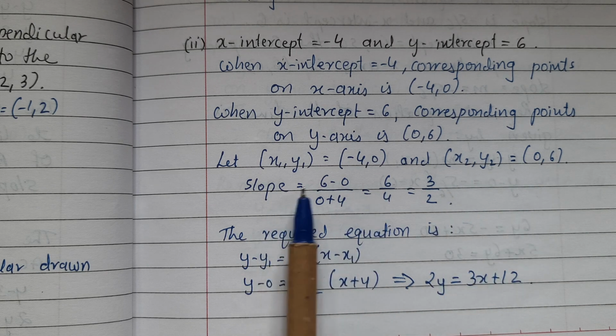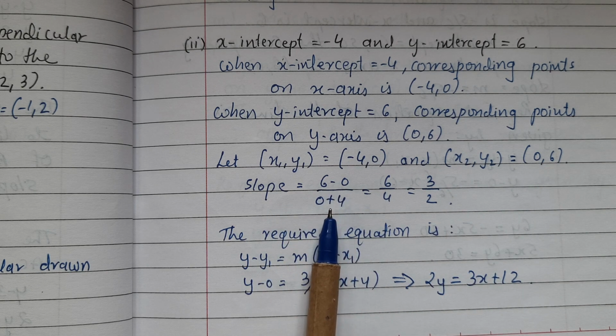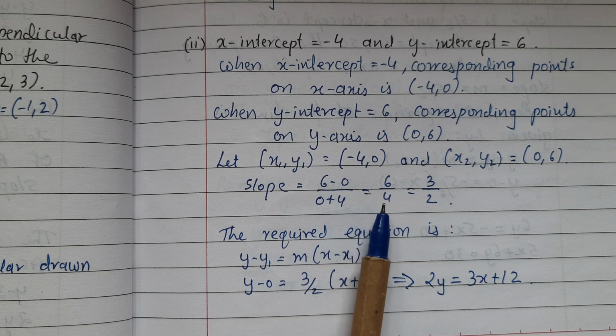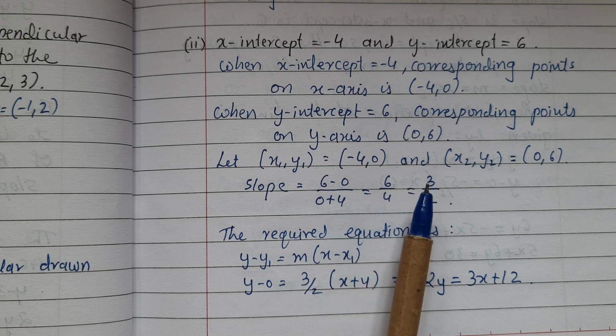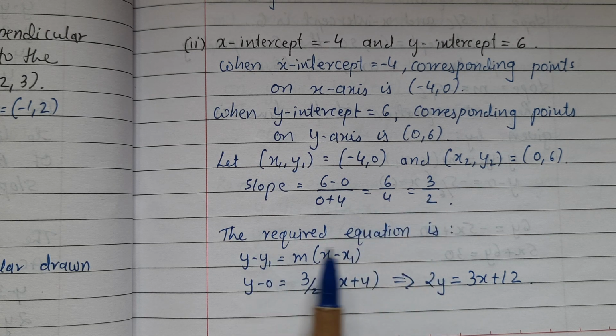Slope equals (6 minus 0) upon (0 plus 4), equals 6 upon 4, equals 3 upon 2. The required equation is y minus y1 equals m into (x minus x1). Y minus 0 equals 3 upon 2 into (x plus 4). 2y equals 3x plus 12.